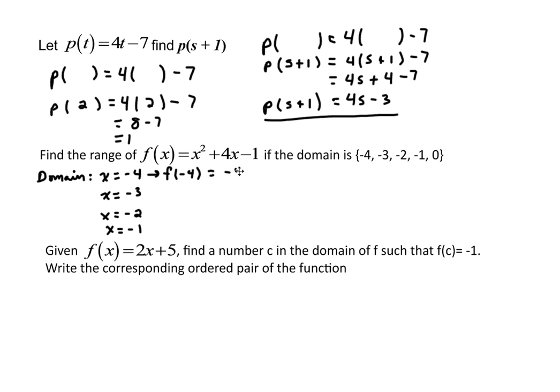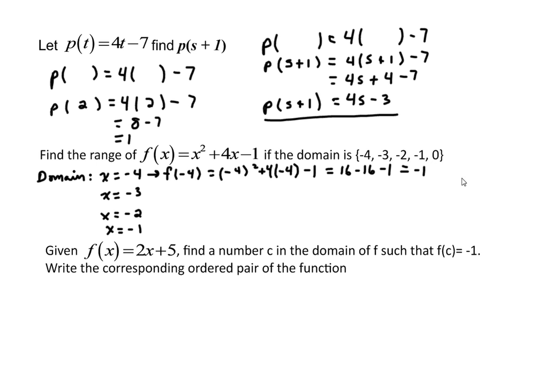So we're going to take -4 and square that value, add to it 4 times -4, and then subtract 1 from that. Looks like we're going to get 16 minus 16 minus 1, or in other words, -1.